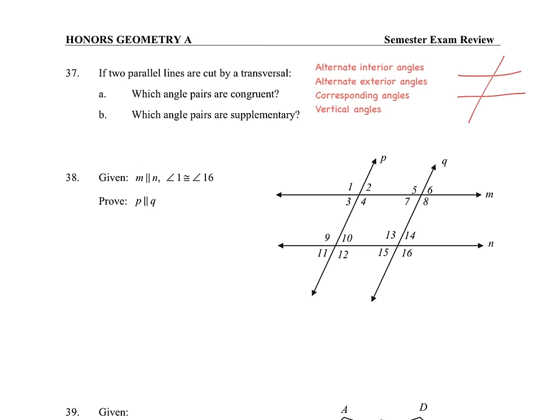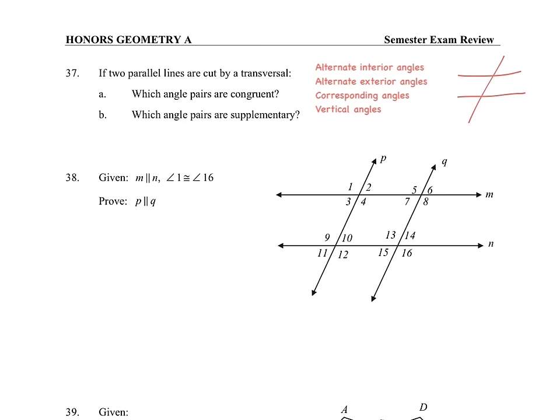My second statement, because there's nothing I can really do with that, is that M is parallel to N, and that is also my given. So I know that this line is going to be parallel to this line. I somehow need to show that I'm going to need to use this relationship. I'm going to somehow need to show that this line is parallel to this line using relationships with just one transversal.